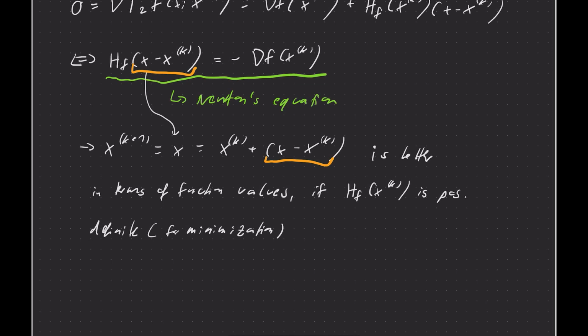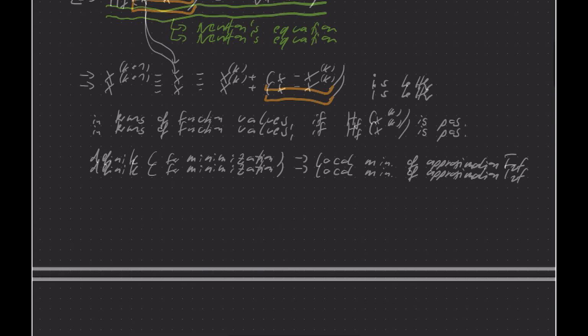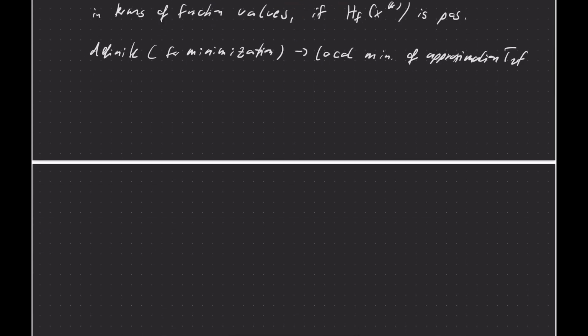Because then we compute the local minimum of the approximation, and hopefully this will also yield a better value for our original function. Right? Okay, so that kind of summarizes Newton's method already.